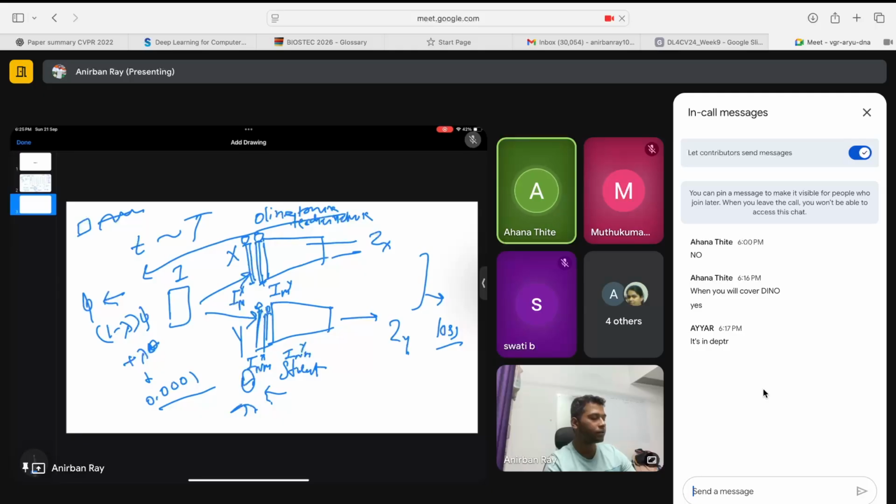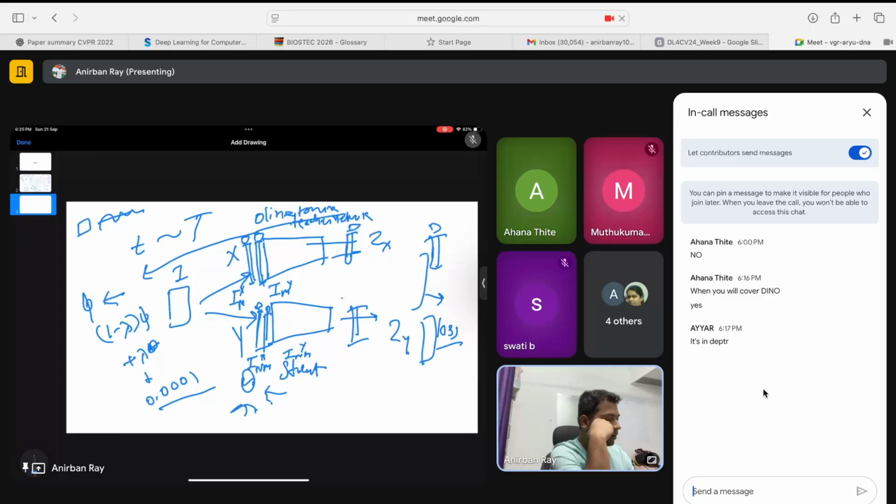It learns to produce the token, so the output is a token in this token space.